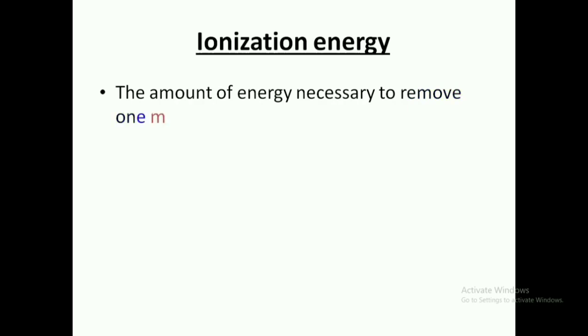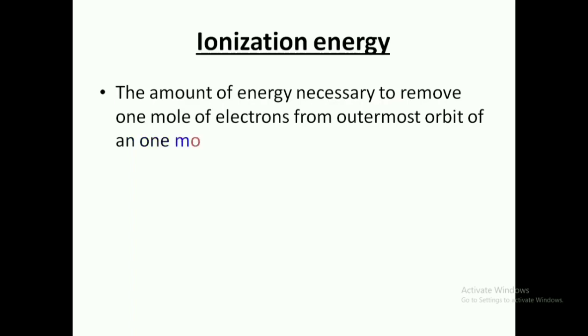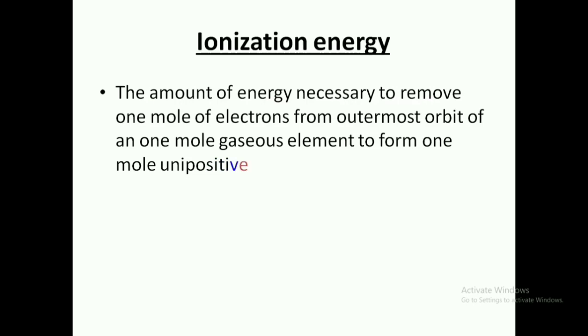Our next topic is ionization energy. Ionization energy also depends on the atomic size. Depending on atomic size, ionization energy properties also change. The definition is: the amount of energy necessary to remove 1 mole of electrons from the outermost orbit of 1 mole of gaseous element to form 1 mole of unipositive ions is called ionization energy.